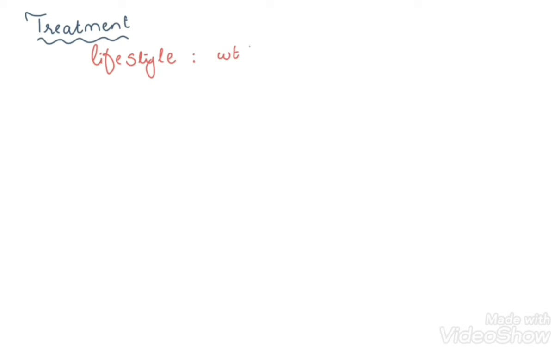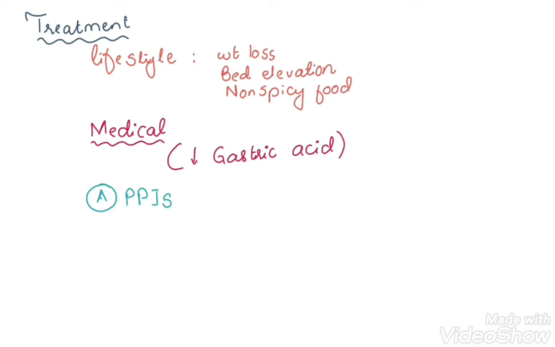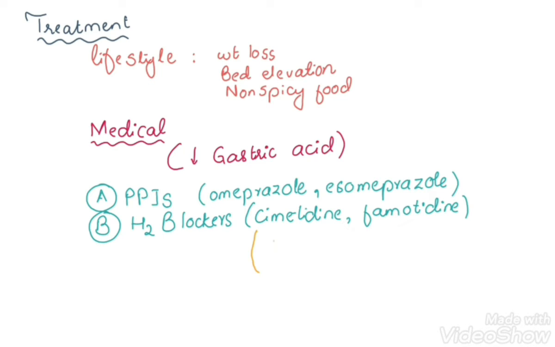Lifestyle modification is simple: weight loss, elevation of the head of the bed using extra pillows, and eating non-spicy food. Pharmacological treatment aims at decreasing the gastric acid produced in the stomach to reduce the chances of esophagitis, using proton pump inhibitors, omeprazole and esomeprazole, that directly block the proton pump that forms HCl, and histamine or H2 blockers, including cimetidine and famotidine, that block the histamine receptors present on the parietal cells.